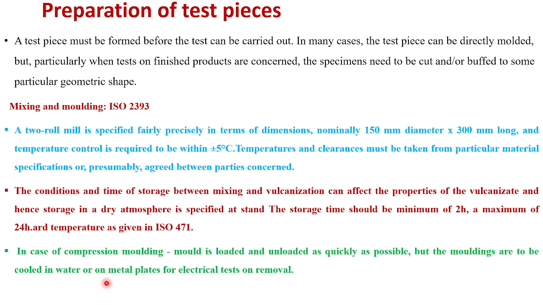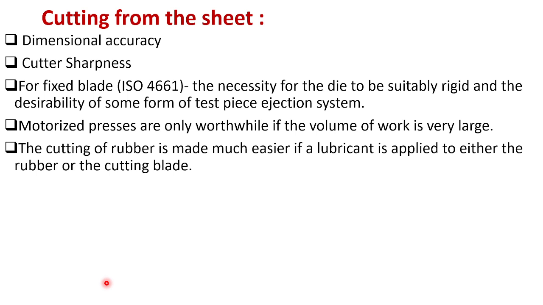Also the dimension: if it is dimensionally not equal, the properties of your final product will differ from one sample to another. The next is the cutting from the sheet. In the case of elastomer, you have prepared an A4 type of sheet. After that, you should cut it into different mold sizes based on different testing.